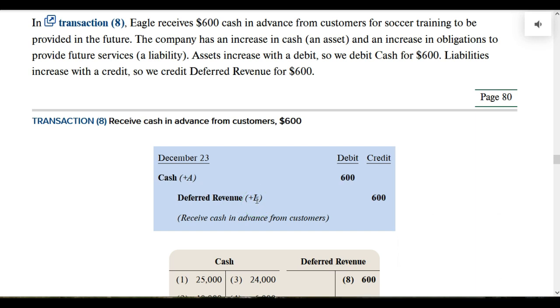We owe our customers $600 worth of services. They paid in advance. Cash comes in the door, increased cash. We haven't earned it yet, so don't record revenue and don't let the title deferred revenue trick you. This is not a revenue account. This is a liability account. It's deferred revenue. We owe the service to the customers.